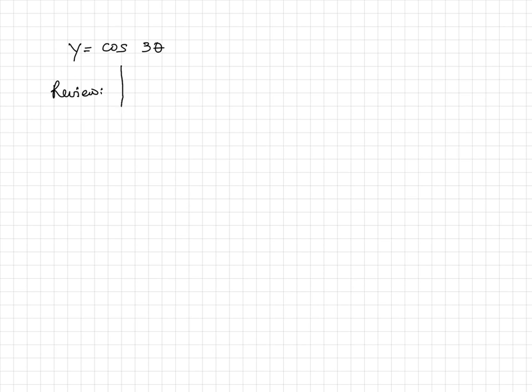Okay, for a quick review, when you graph the cosine function, we will have pi over 2, pi, 3 pi over 2, and 2 pi, and we'll have 1 and negative 1 for our range. Using the unit circle, the first value of cosine when the angle is 0 degrees is 1.